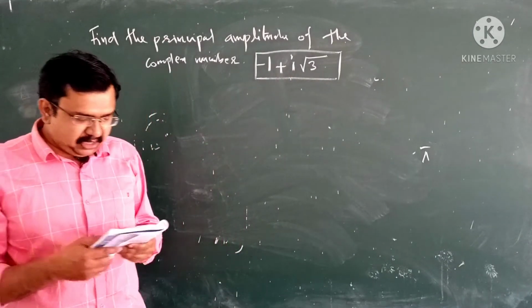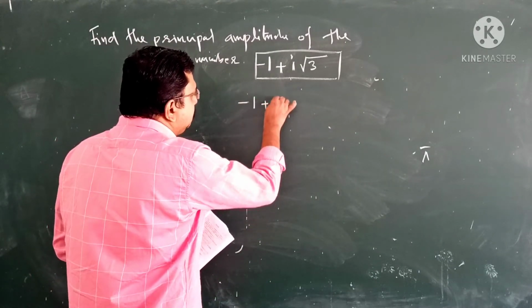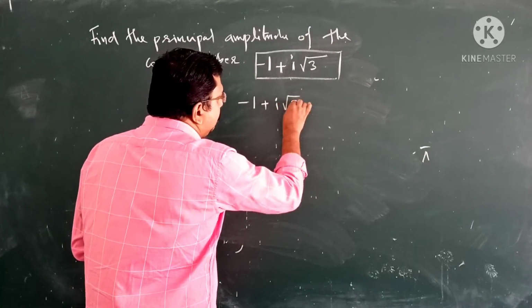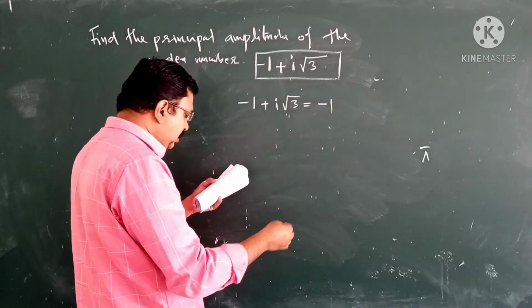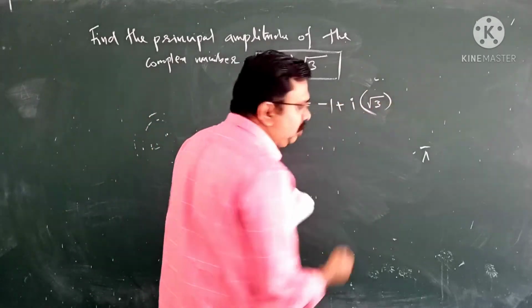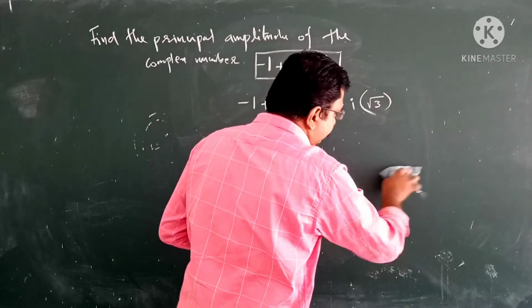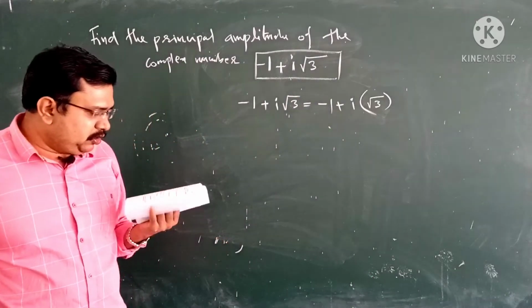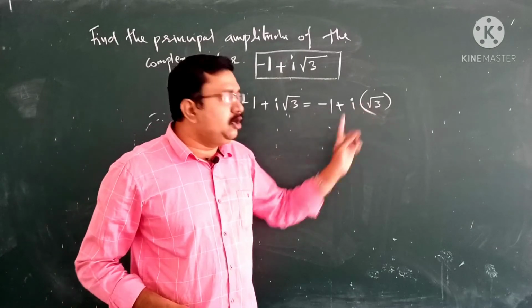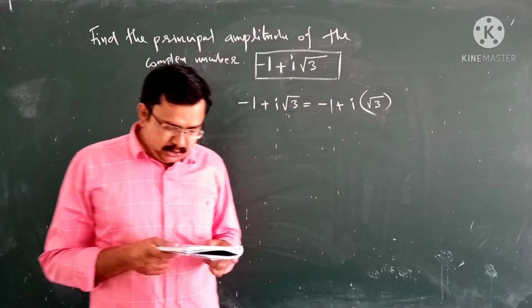How to do it? First, we can write minus 1 plus i root 3 as minus 1 plus i into root 3. The value is (-1, root 3), which is a point in the second quadrant.